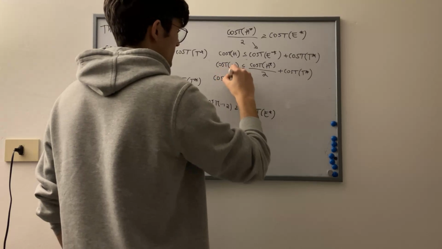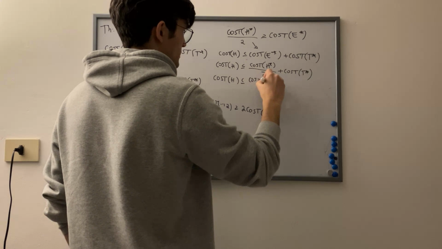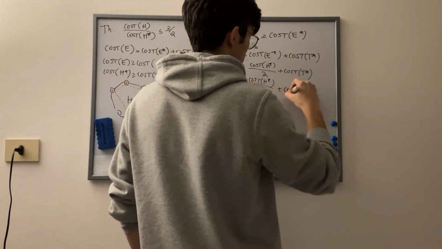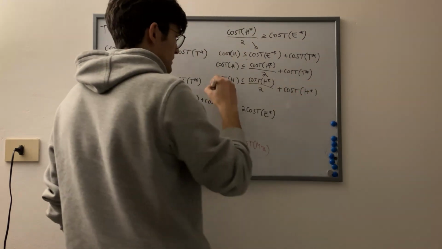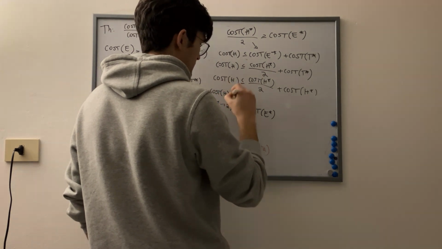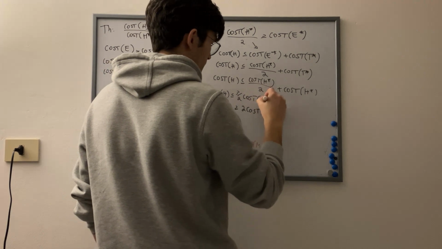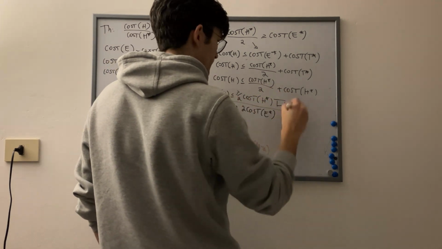So the cost of H is less or equal than the cost of H star divided by 2 plus the cost of H star. And this means that the cost of H will for sure be smaller than 3/2 the cost of H star. And this is what we wanted to prove.